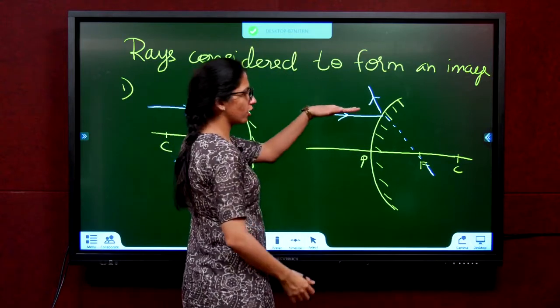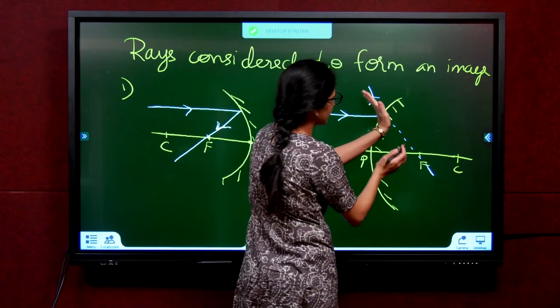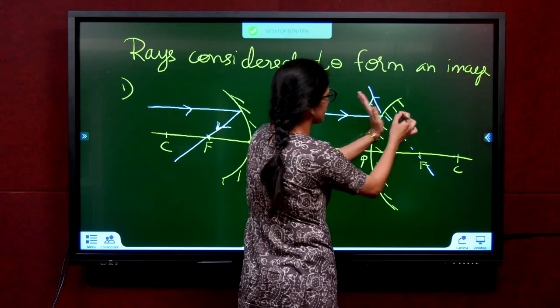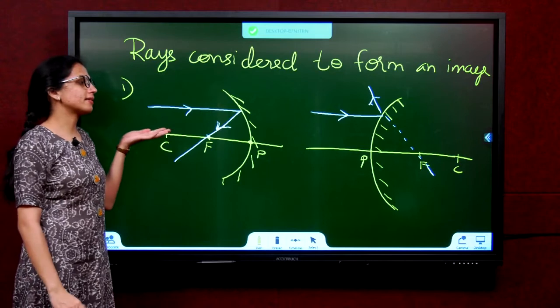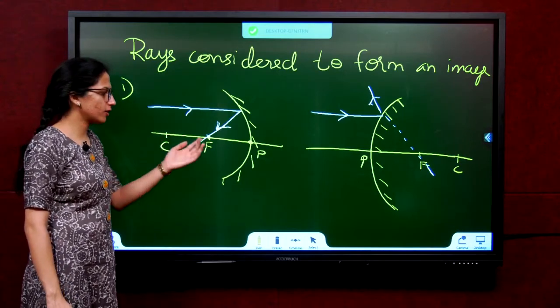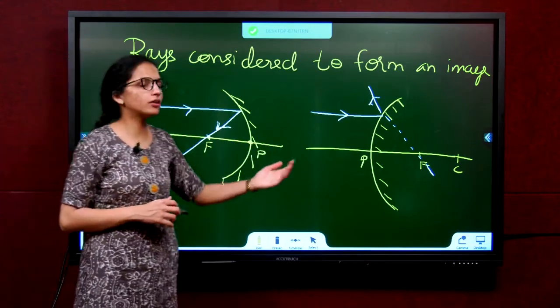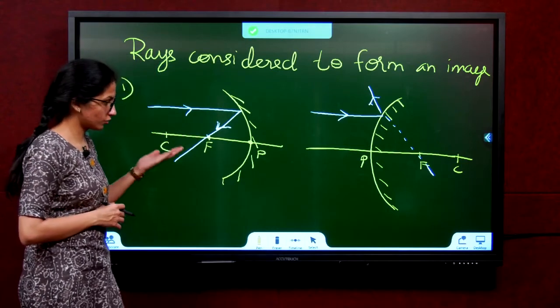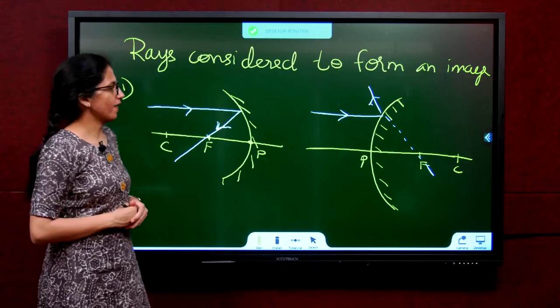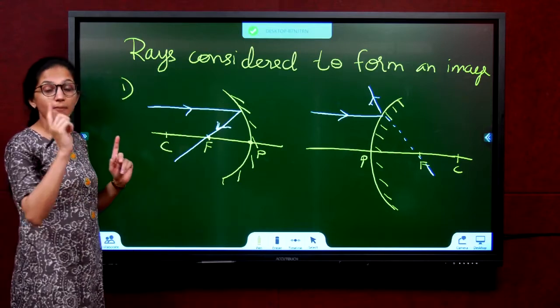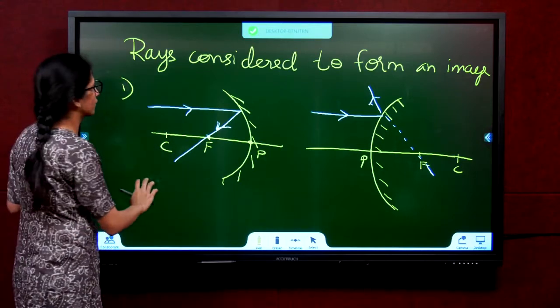First take your scale, draw a straight line. Then keep your scale at this point and join F to this point. You will get a straight line there. So parallel rays after reflection pass through the focus or appear to pass through the focus. They pass through the focus in case of concave, and appear to pass through the focus in case of convex. So this is the first ray we consider, the parallel ray, which after reflection passes through the focus.